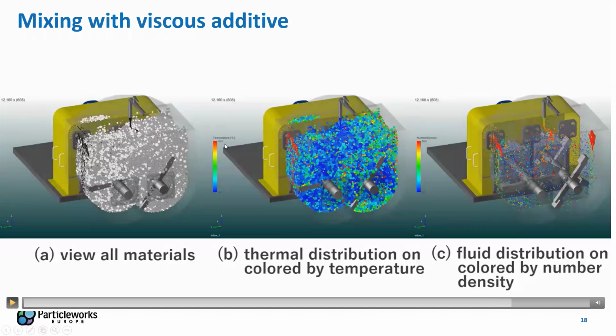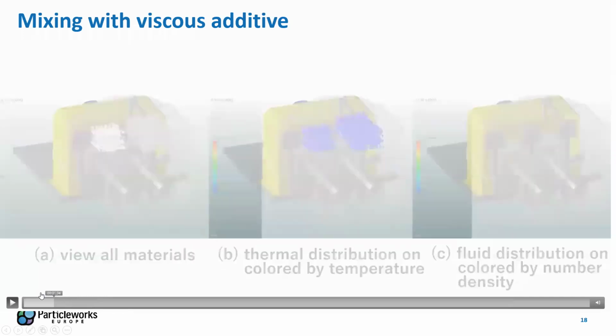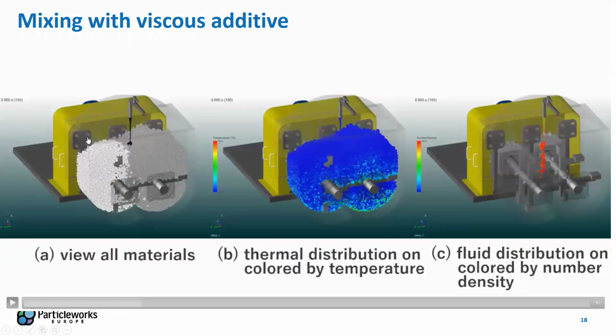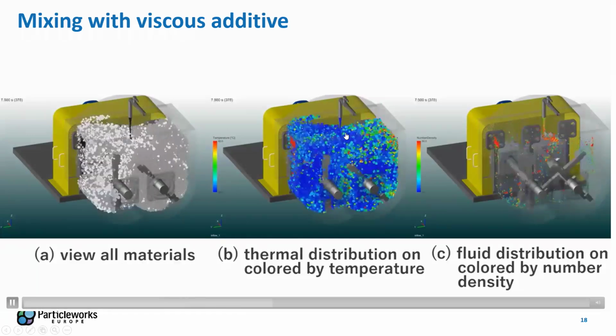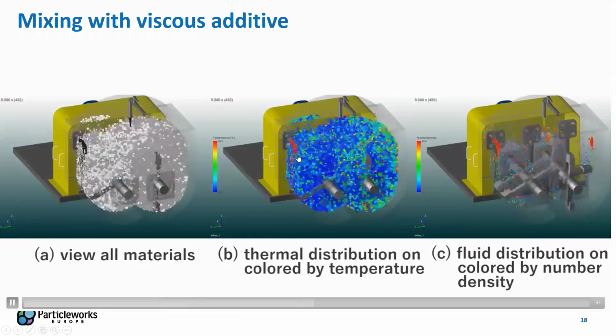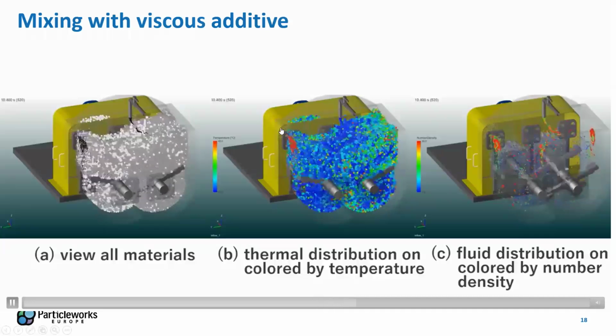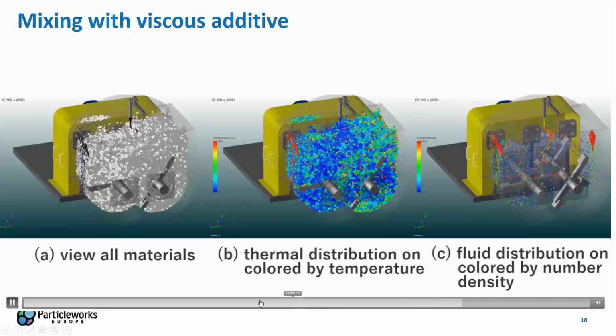And what's interesting here is that we also have the temperature evolution because this system has some thermal boundary condition on the walls. So we do see some heating of the powders, and we can also understand how the heating is distributed. You can see here that there is some accumulation of fluid and also powders.